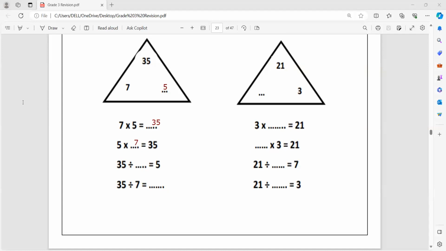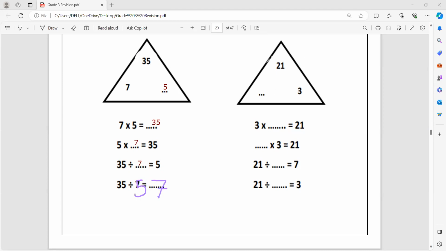In division, you will start with the biggest number. 35 divided by what gives me 5? Yes, 35 divided by 7 equals 5. Or 35 divided by 5 equals 7. So here we are going to change this into 5 and here 7.